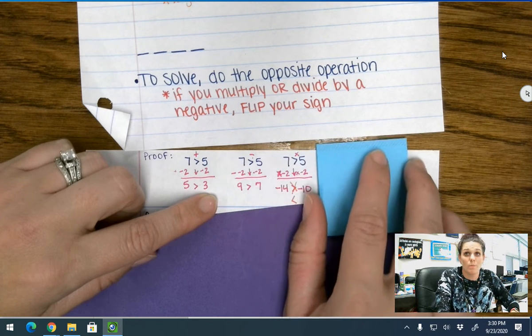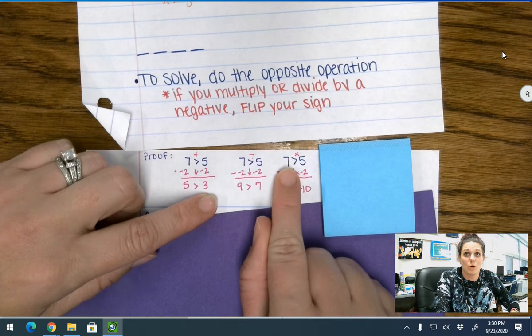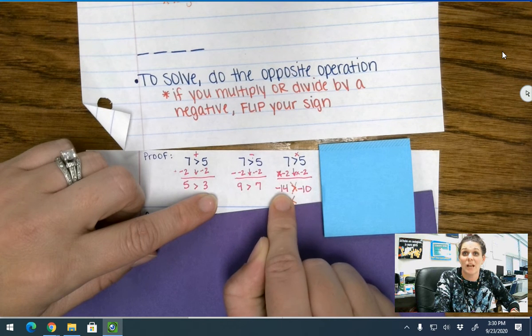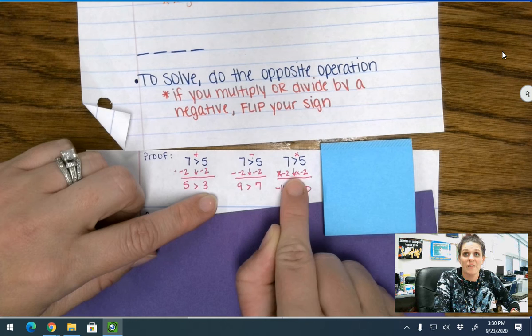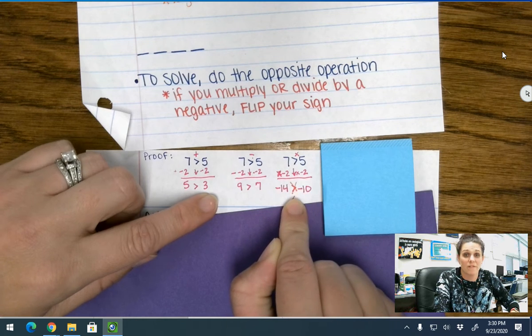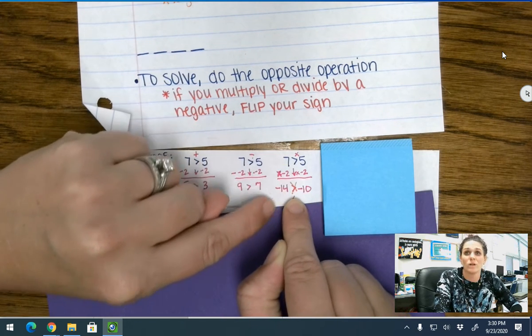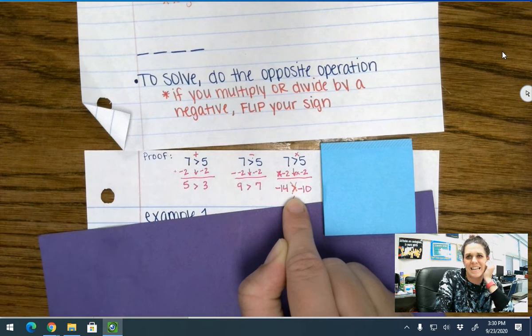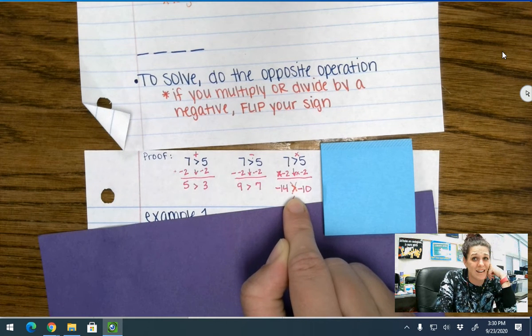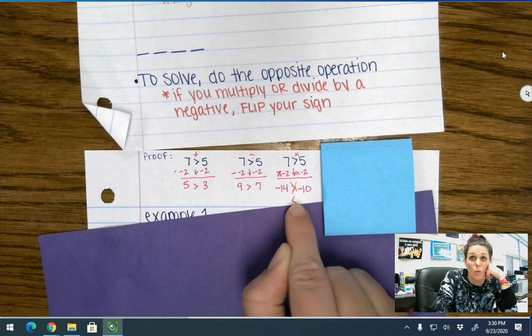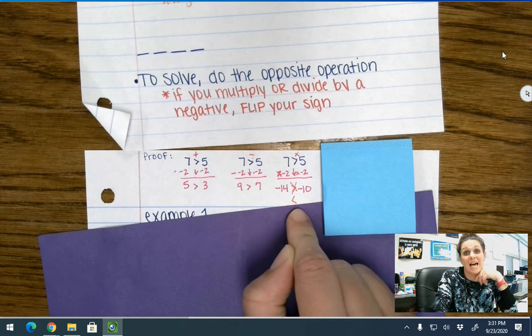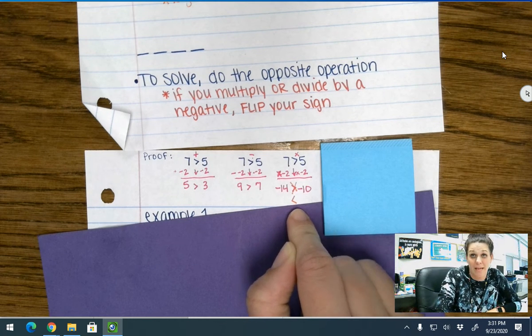All right, if I go to multiplication, I'm going to notice 7 times -2 is -14. And 5 times -2 is -10. And if I bring that sign down, -14 and -10, those are not right. -14 is not bigger than -10, which is why we have to roll that sign over when we multiply by a negative.